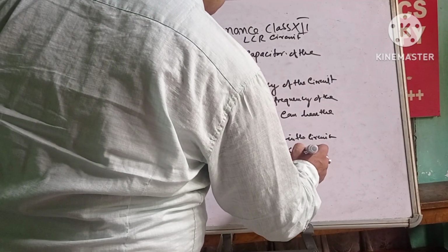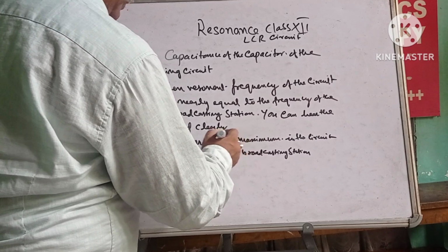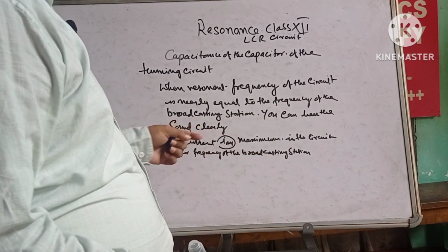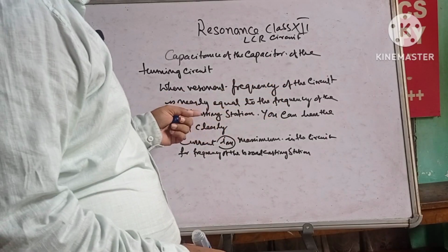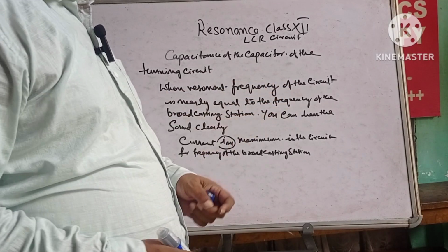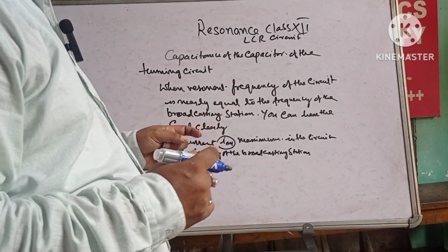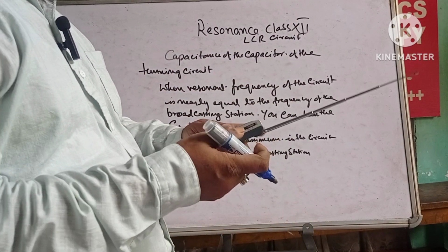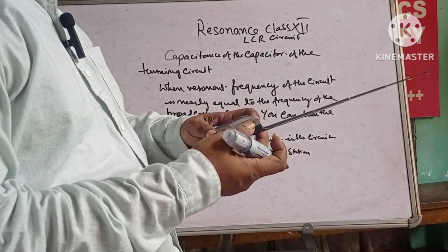The current will be maximum in the circuit for the frequency of the broadcasting station, when the resonant frequency of the circuit is equal to the frequency of the broadcasting station. When it becomes equal, then you can hear the sound clearly. Let us see here.